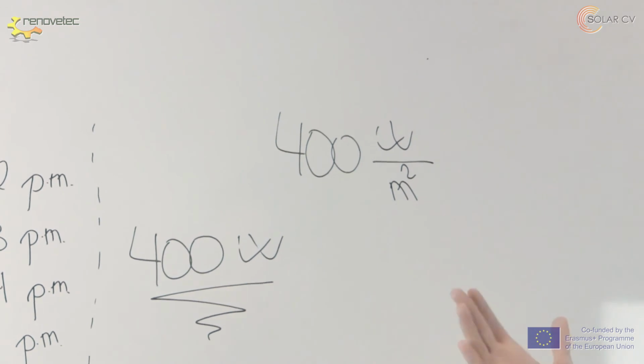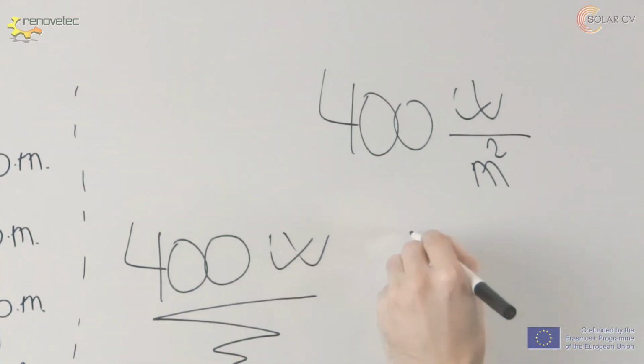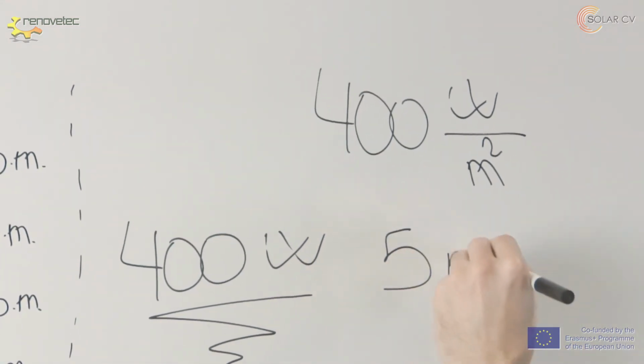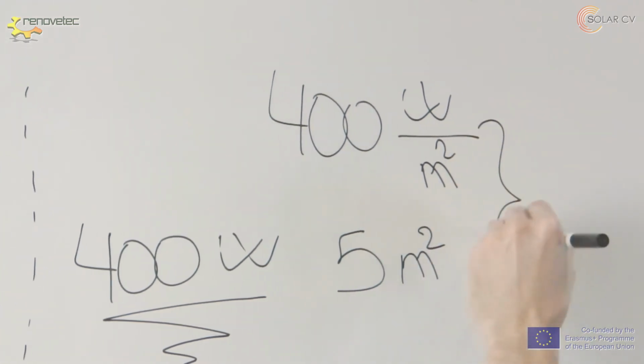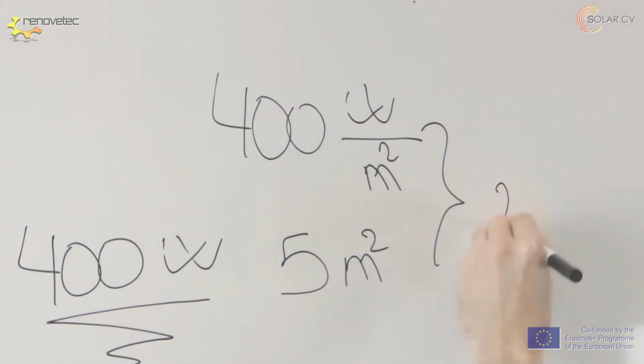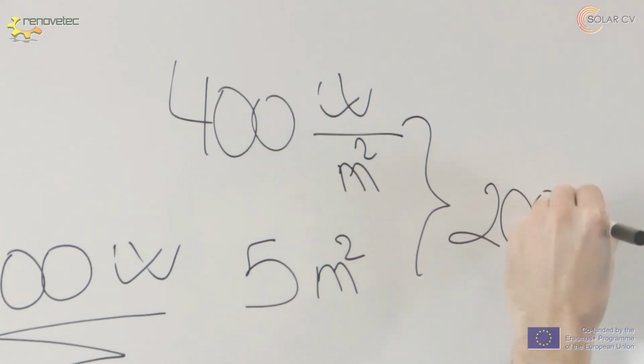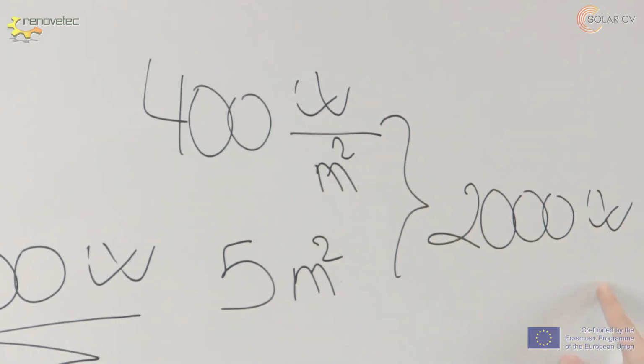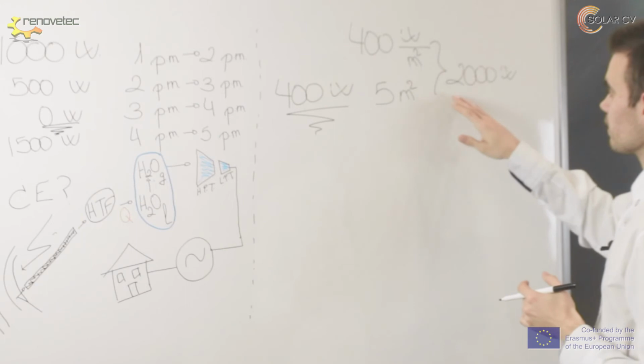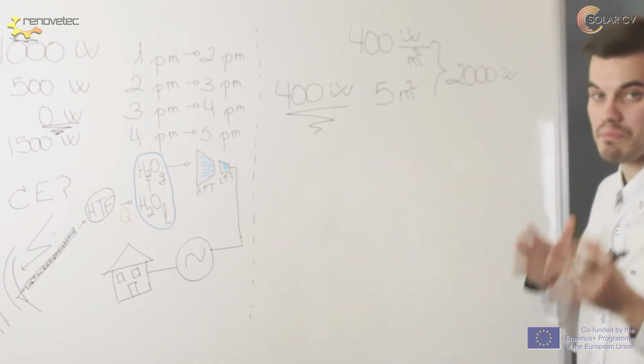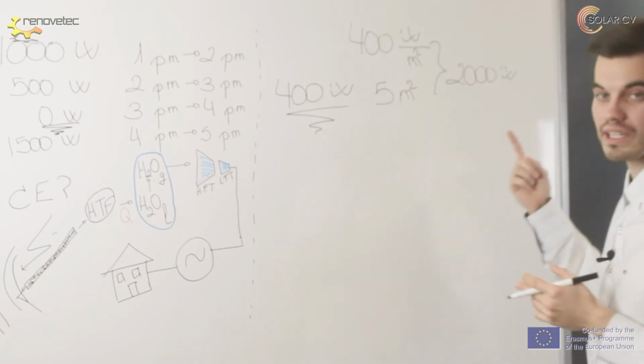If we have a solar field of 5 square meters, the power will be 2000 watts.